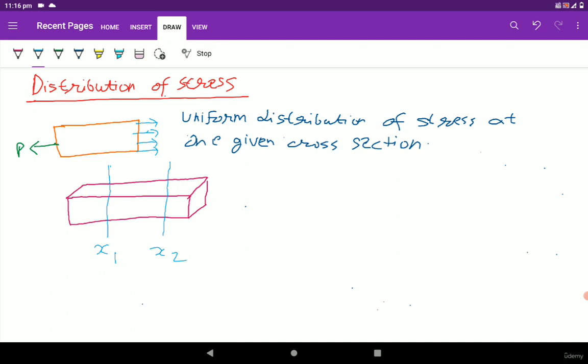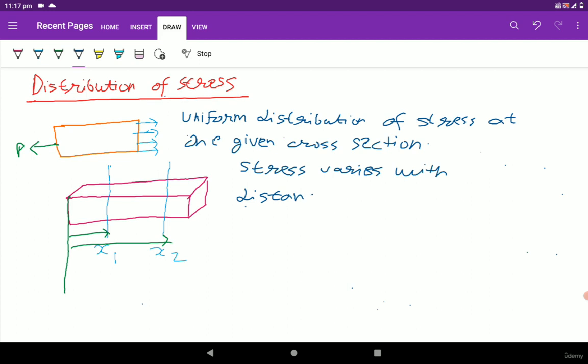Just take from here to here and from here to here. The main takeaway from this is that stress varies with distance x.